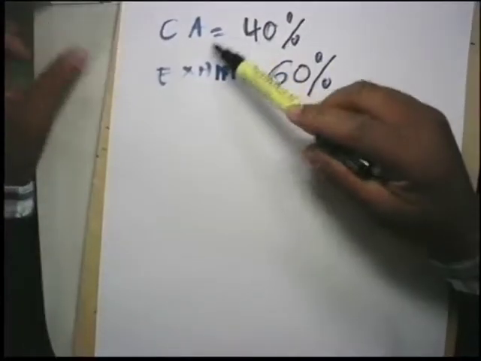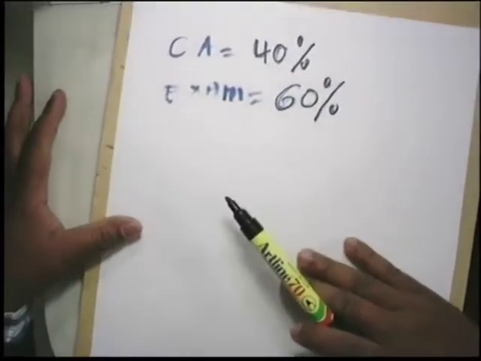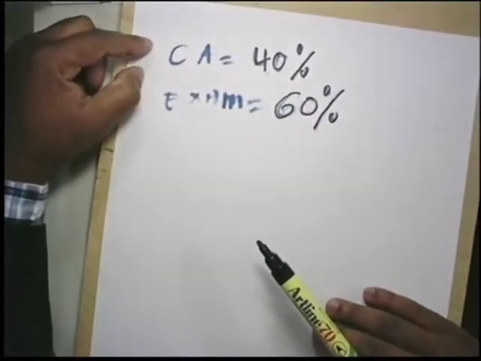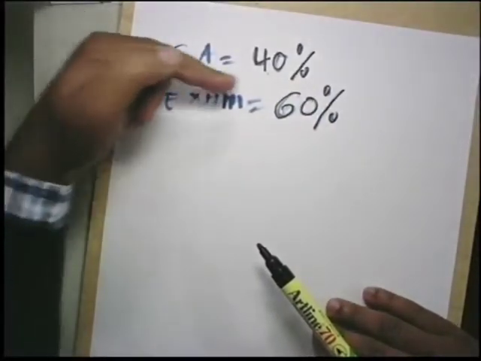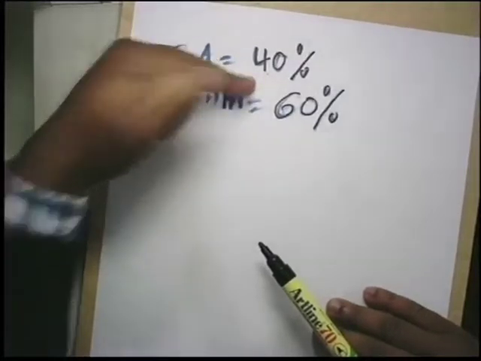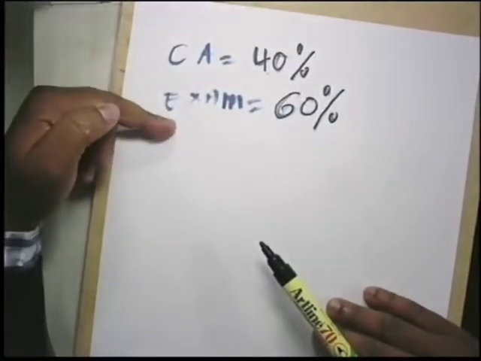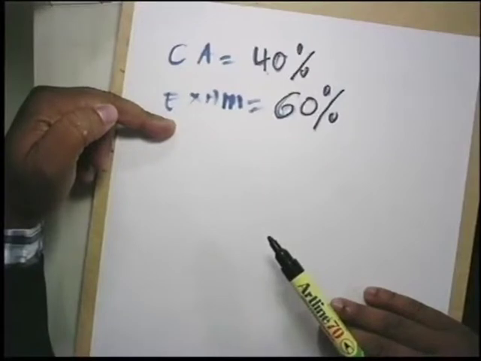The CA, which means continuous assessment mark, consists of 40% of the final mark, and the examination consists of 60%.